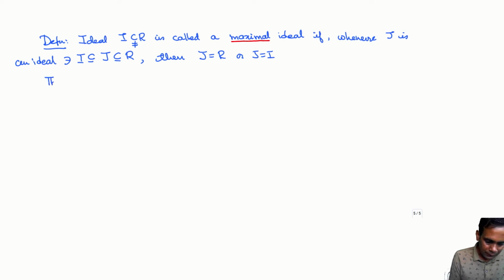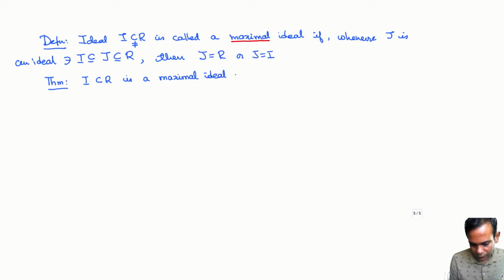And theorem: I is a maximal ideal if and only if R mod I is a field. And here's the proof. So let's start with I being a maximal ideal. Suppose I is a maximal ideal.